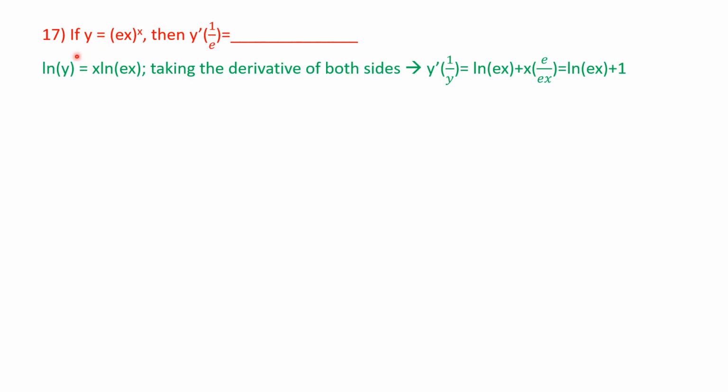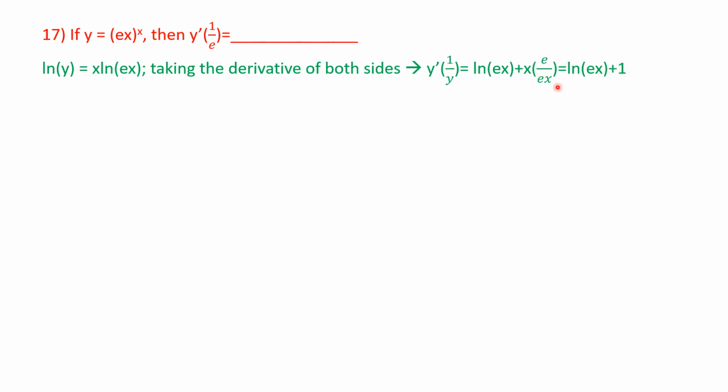So ln of y equal to x ln of ex. Taking the derivative of both sides, we get y prime multiplied by 1 divided by y equals ln of ex plus x multiplied by e divided by ex, and this term will be equal to 1. So we just put it over here, equal to 1.